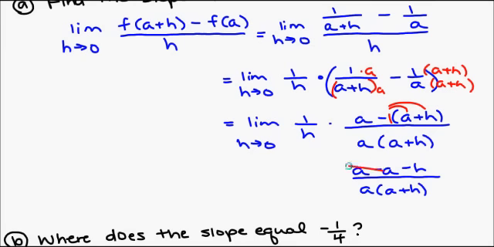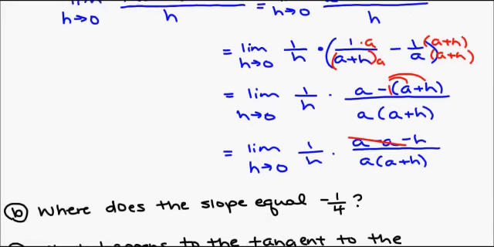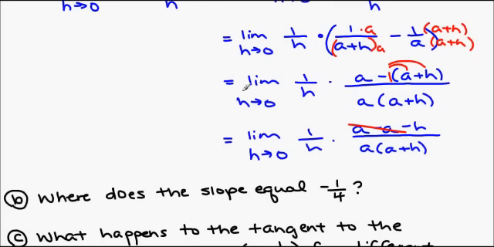And these cancel. Okay. I can cross cancel these h's here, so I'm really just left with a -1 on top.